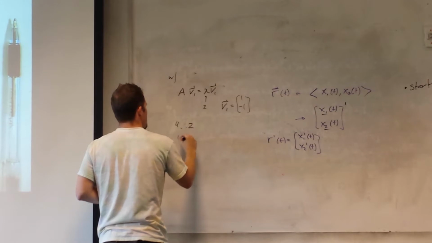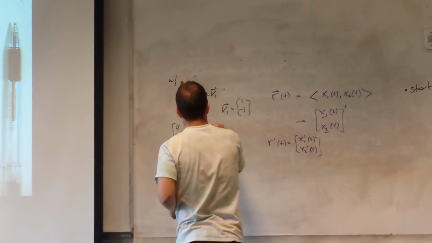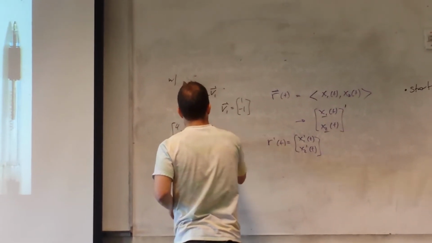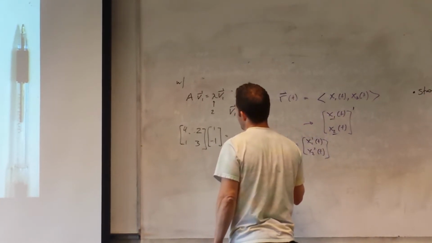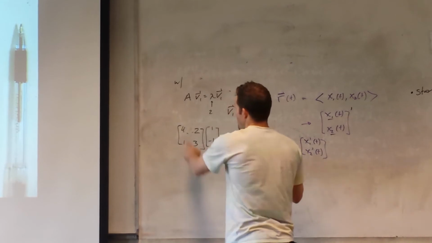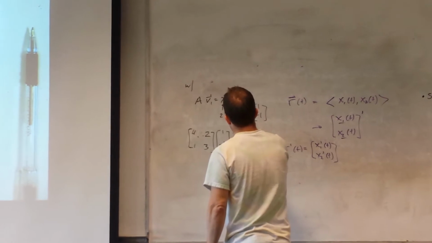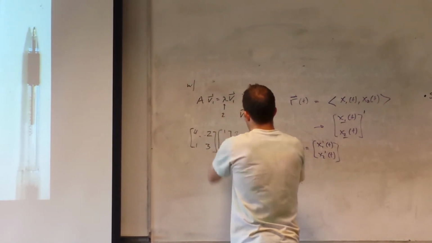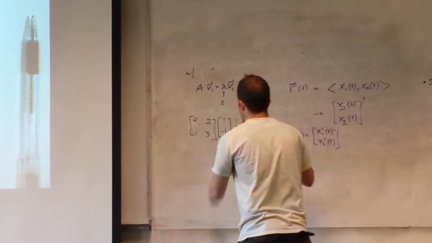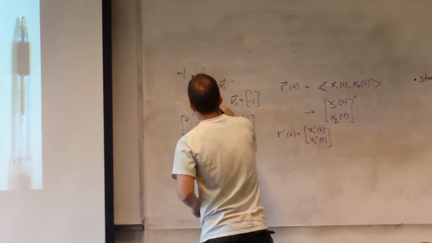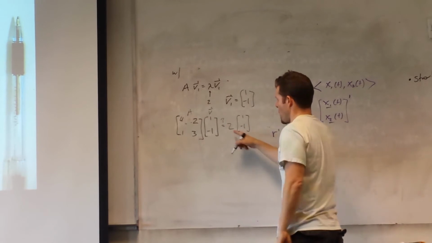Multiply that by our eigenvector, 1, negative 1, and let's see what we get. We're checking: we got 2 for the eigenvalue, so is it equal to 2 times 1, negative 1? The matrix A times V, does it actually equal 2 times V? That's the original definition of an eigenvalue and eigenvector.